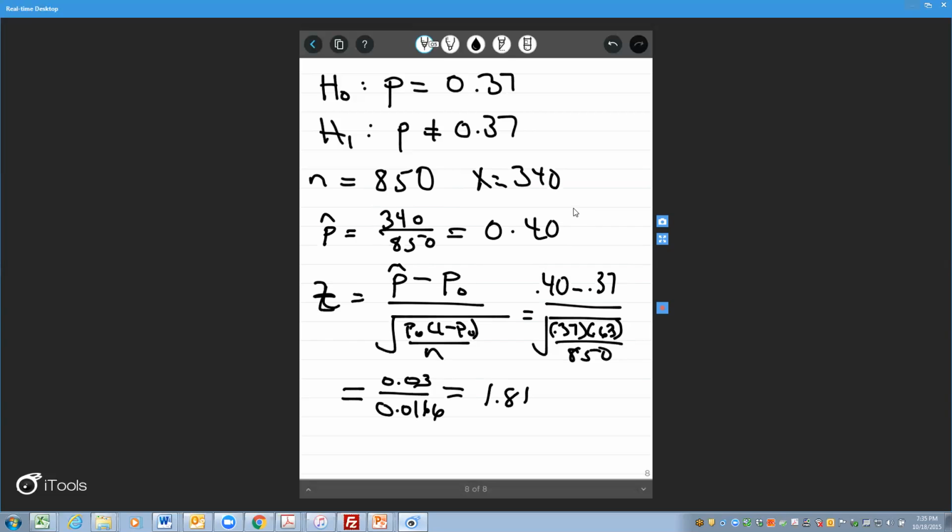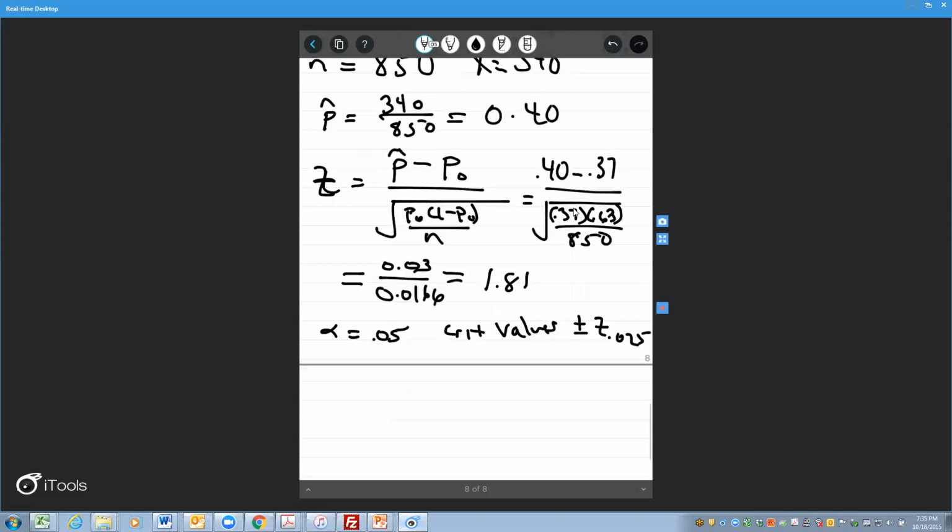Well, I know I have a two-sided test, or a two-tailed test, because this is not equal. So let's say alpha is 0.05. My critical values are going to be plus or minus z sub 0.025.